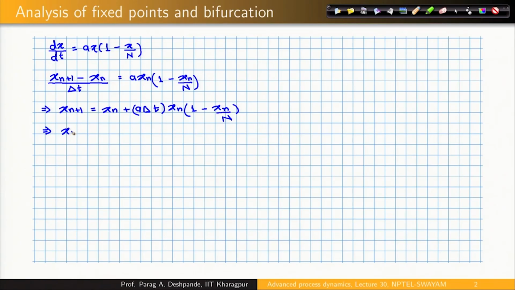So, I would further simplify this as x_{n+1} = x_n (1 + a delta t) multiplied by (1 - x_n/N).